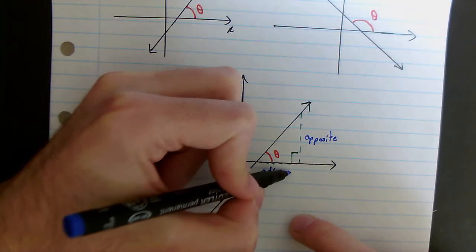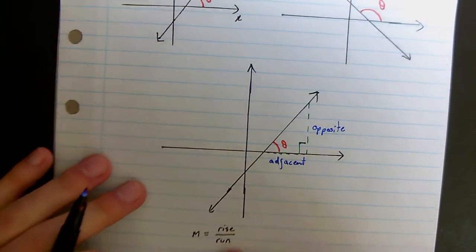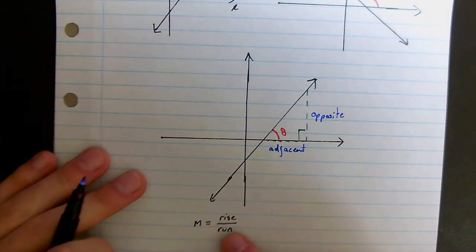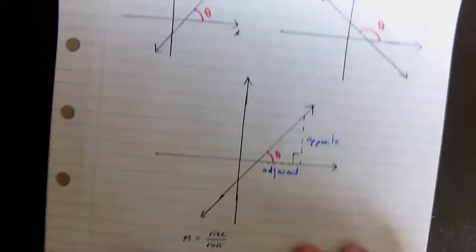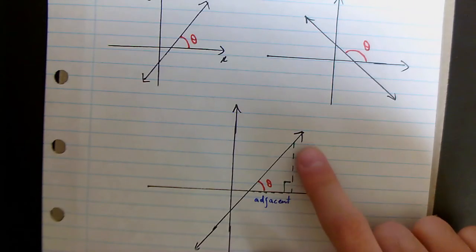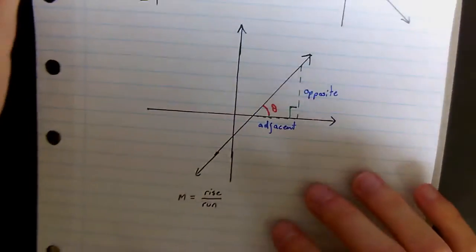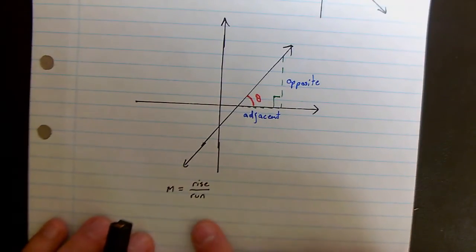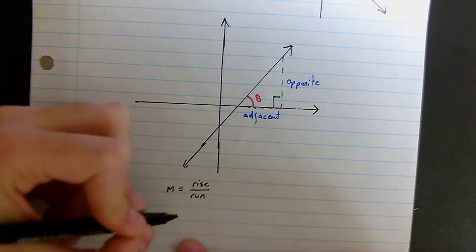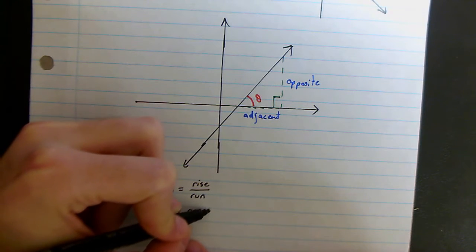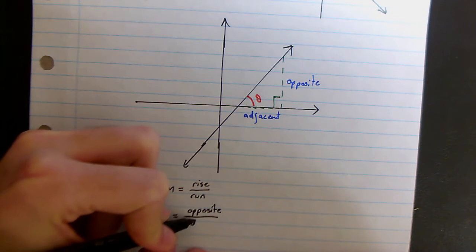If we recall how we define gradient, the gradient is equal to the rise over run. In this case, the rise is this vertical, and the run is the adjacent. By substituting into the formula, m is equal to the opposite side over the adjacent side.